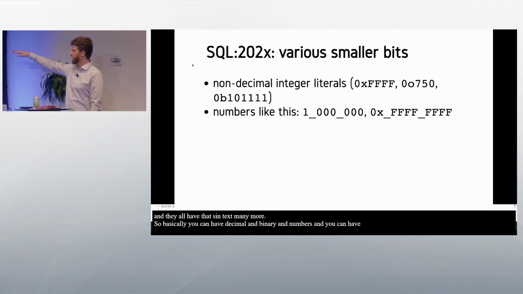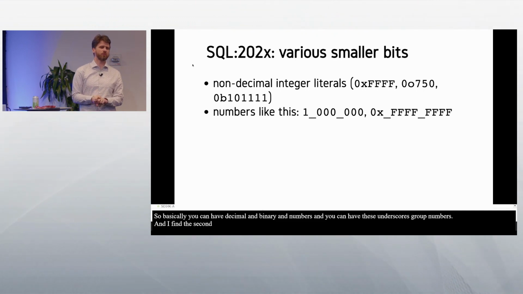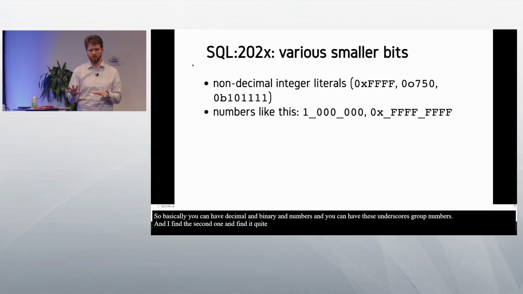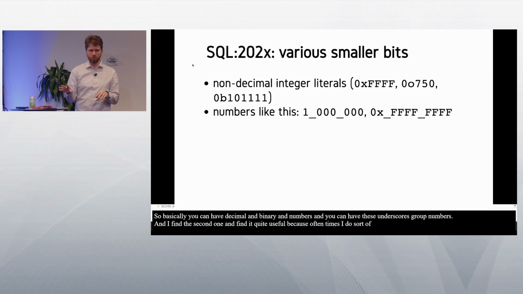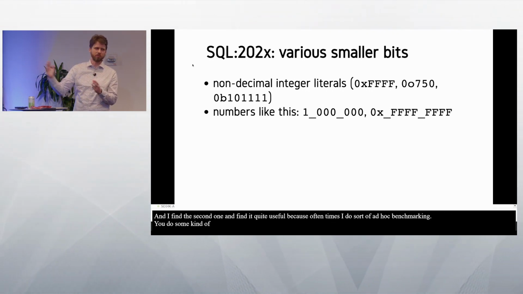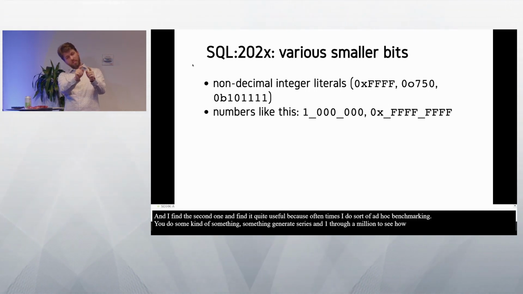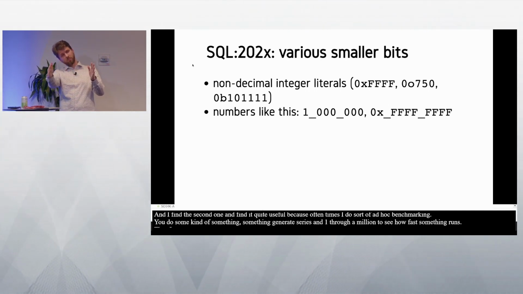I find the second one actually quite useful, because oftentimes I do some ad hoc benchmarking. You do something like generate series 1 through 1,000,000 to see how fast something runs, and then I always have to ask, is that actually 1,000,000 or 10 million?